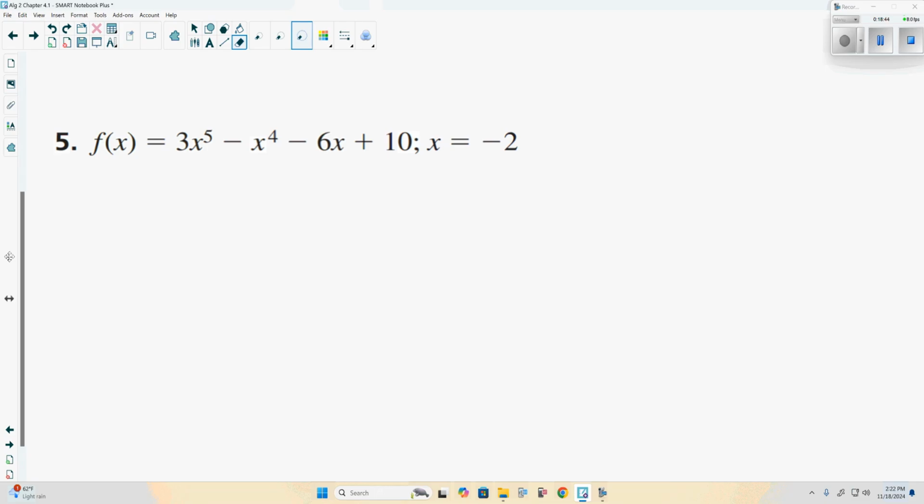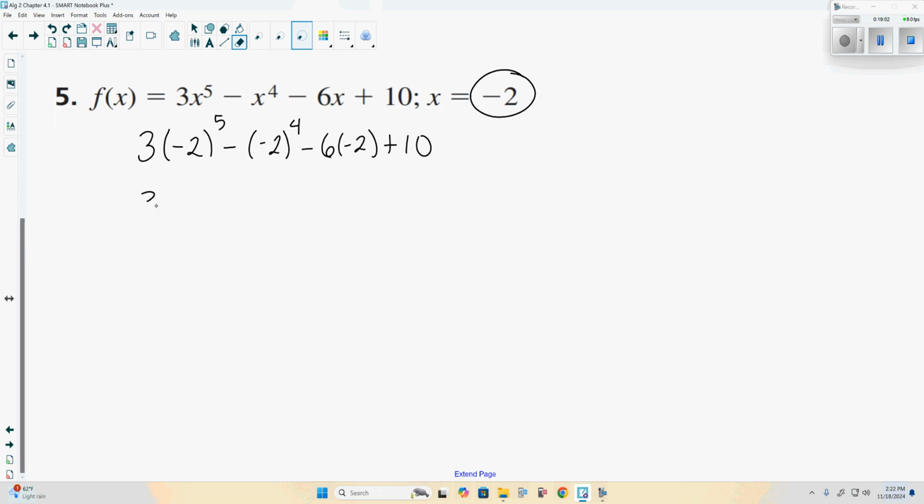So, again, when we have these negatives for x, make sure you're putting them in parentheses, because we should type it in as 3 parentheses negative 2 to the fifth, minus 2 parentheses negative 2 to the fourth, minus 6 times negative 2 plus 10, because this is going to be 3 times negative 64 minus 32 plus 12 plus 10. 192 minus 32 plus 22.